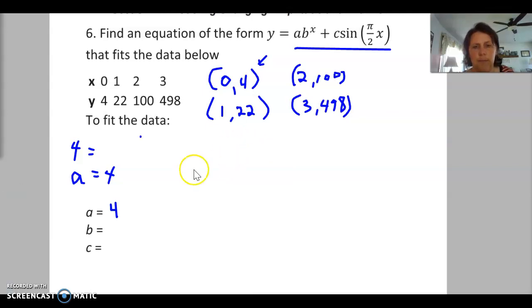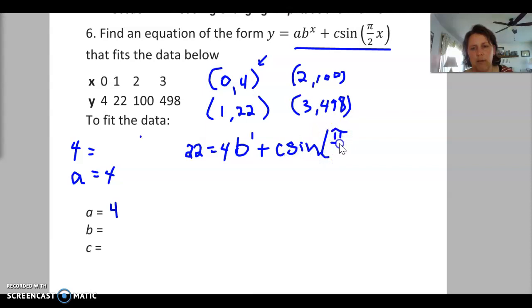So we end up with 22 equals a, which is 4, times b to the first power plus c sine of pi over 2 times 1. Okay, so sine of pi over 2 is going to equal 1.